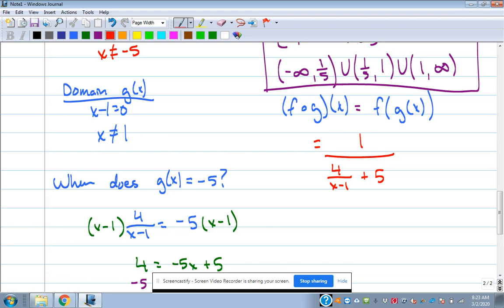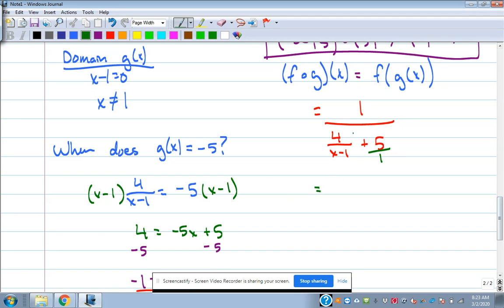In order to add 4 over x minus 1 and 5, what do we have to have? Common denominator. What would be the common denominator for that particular problem? X minus 1 would be the common denominator.